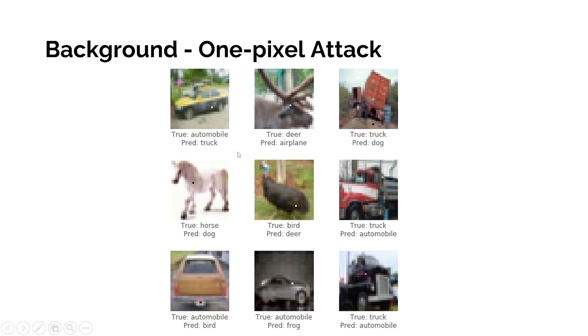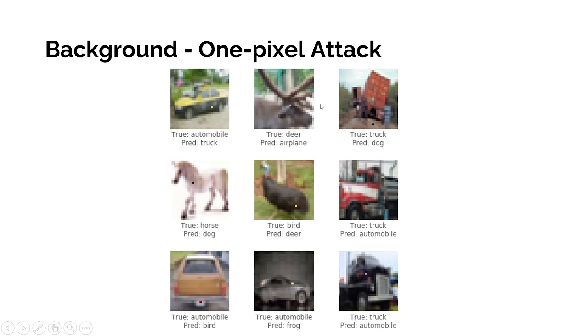You can see in this picture, we only make a difference in 1 pixel, and we can make the deep learning model make a wrong prediction of this image from bird to deer.